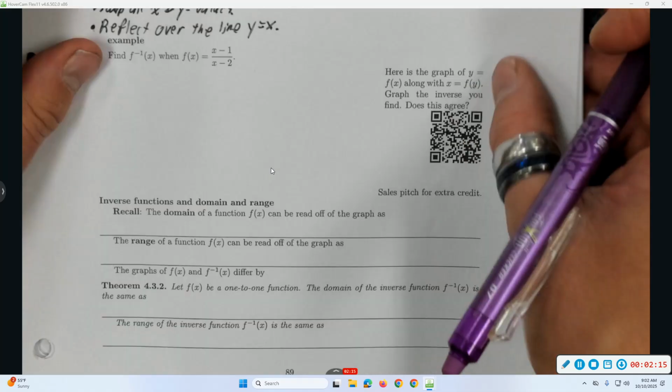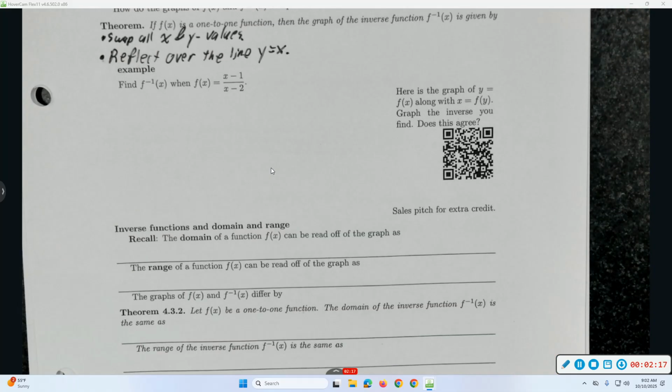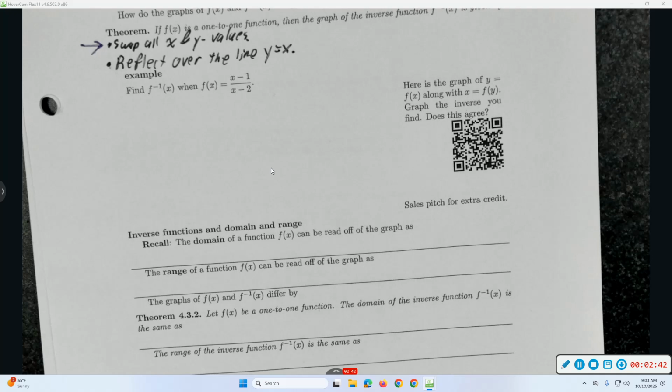All right, so let's compute the inverse function for that function, x minus 1 all over x minus 2. What's the algebraic idea you use if you want to find an inverse function? Well, I guess the motivation is even in this line.